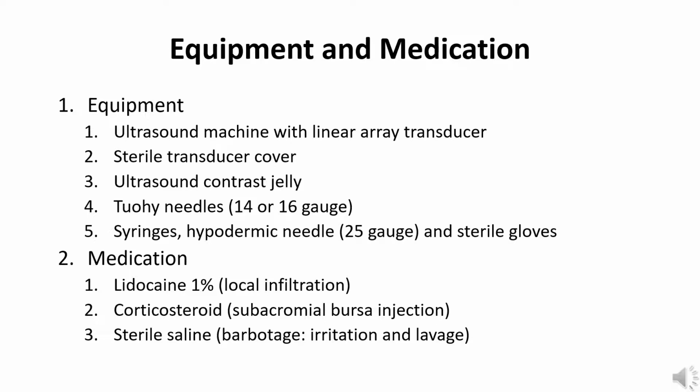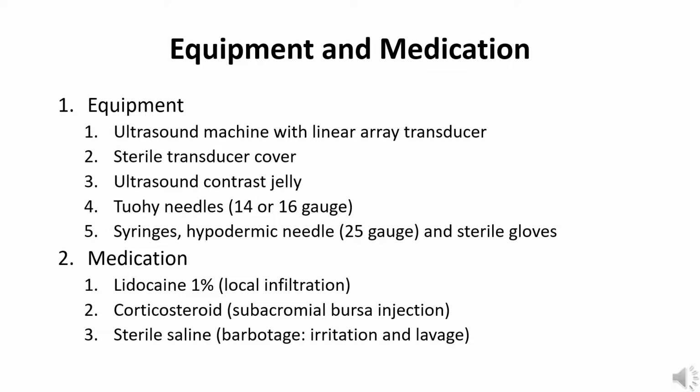Equipment and medication needed would include an ultrasound machine with a high frequency linear array transducer, typically 10 to 12 megahertz, a sterile transducer cover, and ultrasound gel. For the aspiration of the calcium, you will need a large bore Tuohy needle.